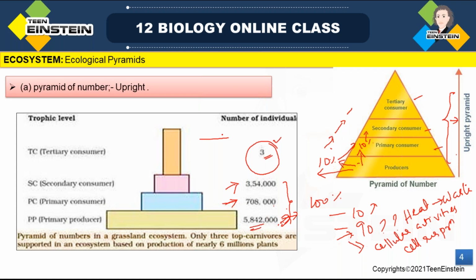So what we can understand from this: in each successive trophic level, here you can see the different trophic levels, the number of individuals is decreasing. When it is going to higher trophic levels, the number of individuals is getting decreased. So the pyramid of numbers is upright.